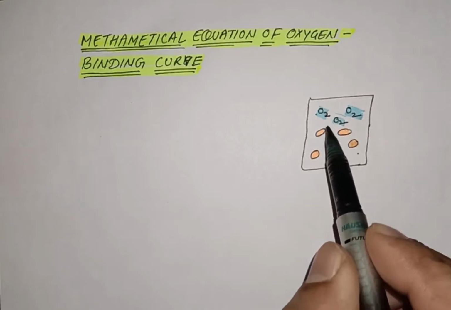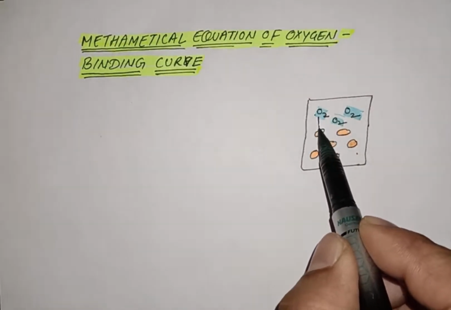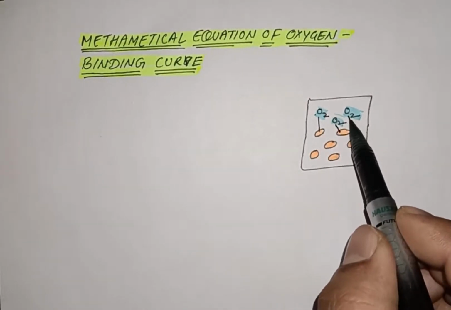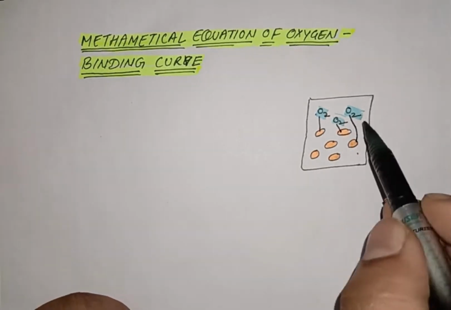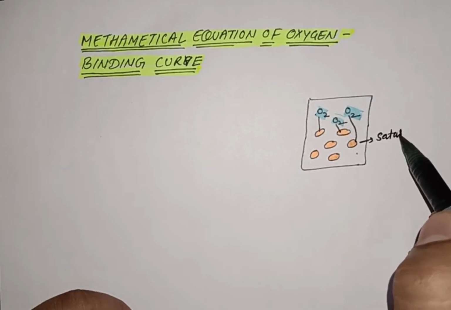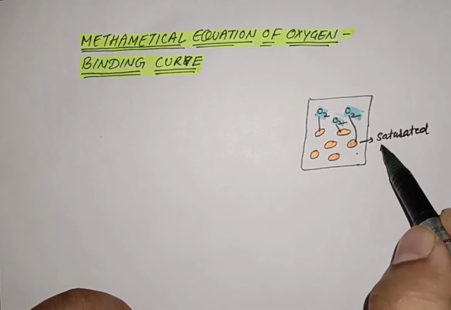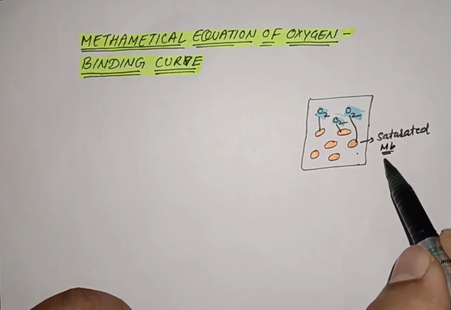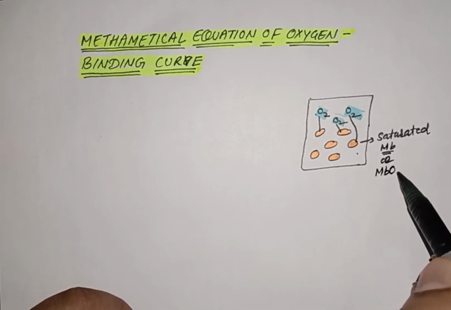We know that in myoglobin only one heme group is present, so oxygen will attach to this heme group. Myoglobin with oxygen attached is called saturated myoglobin, represented as MbO2.